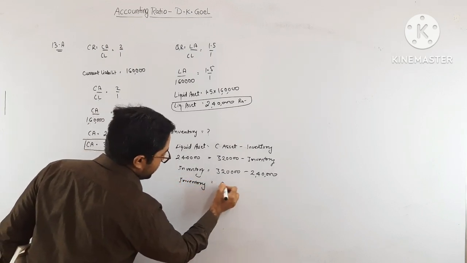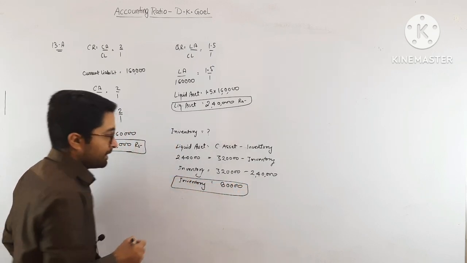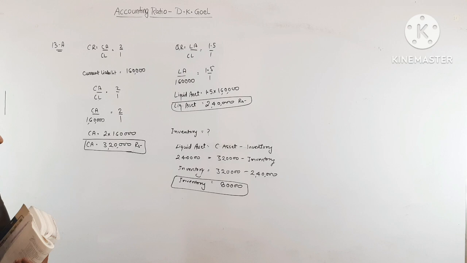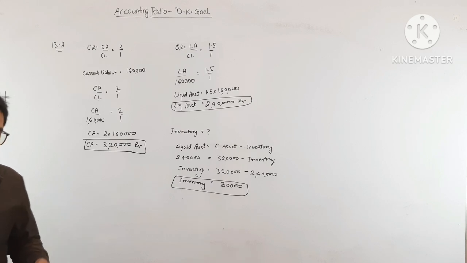Inventory equals 80,000. Okay. So question number 13A is also complete. Inventory is 80,000. Clear?